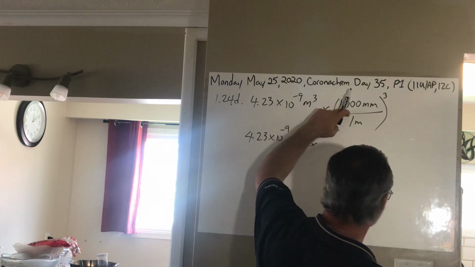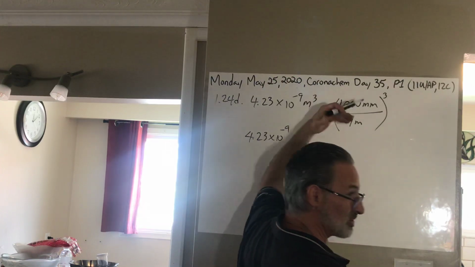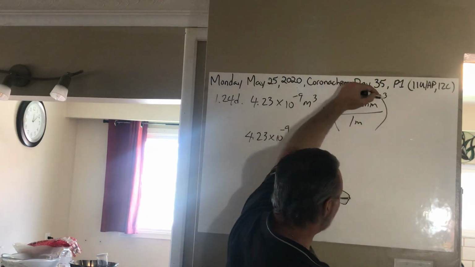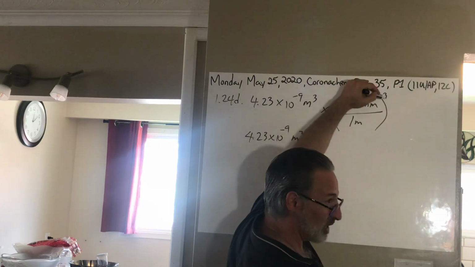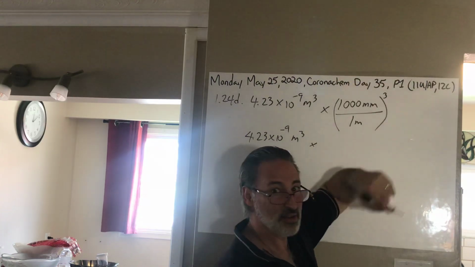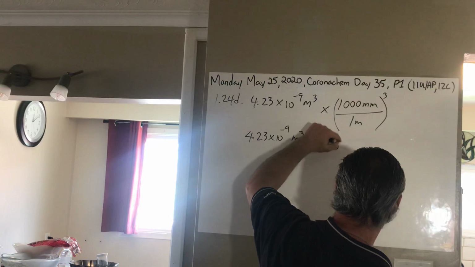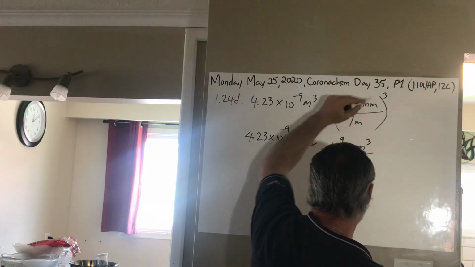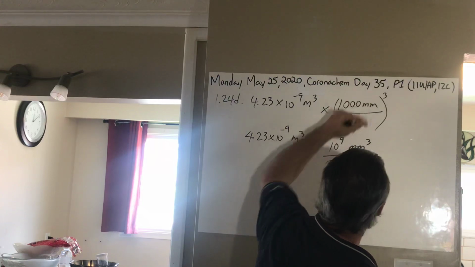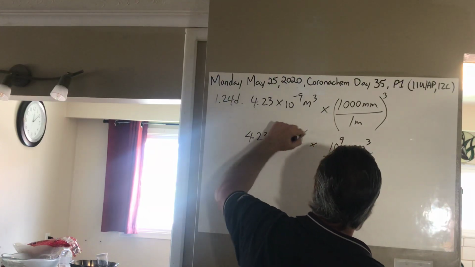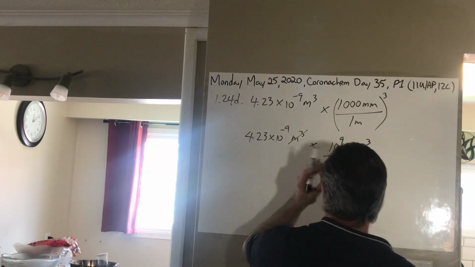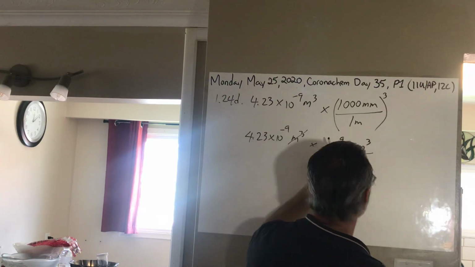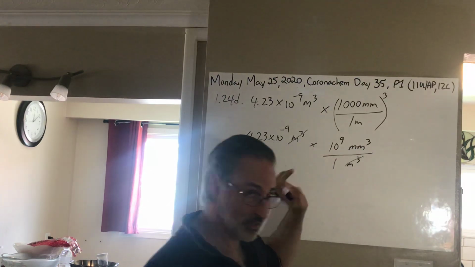What's another way of saying 1,000? It's 10 to the 3. But that 10 to the 3 is also being raised to the power of 3, so it becomes 10 to the 9. So this is 10 to the 9 millimeters cubed. 1 raised to the power of 3 is still 1, and meters raised to the power of 3 is meters cubed. That allows you to cancel the meters. Now, when you multiply 10 to the negative 9 by 10 to the positive 9, you get 10 to the 0.